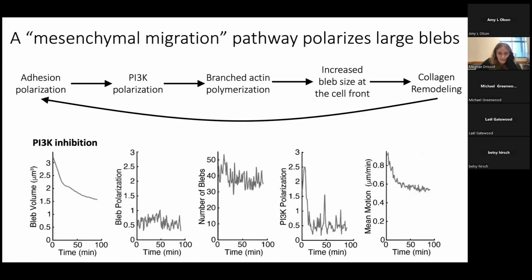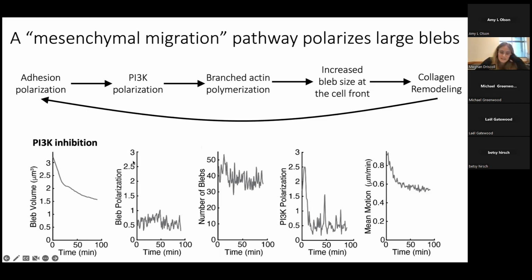But, right, and you can analyze this in a variety of ways, consistent again with mesenchymal migration. The polarization mechanism doesn't affect where the blebs are. So here we measured the location of the blebs along the cell surface. And we asked, do they tend to be in the front? Do they tend to be in the back? And they don't have any sort of preferential localization.